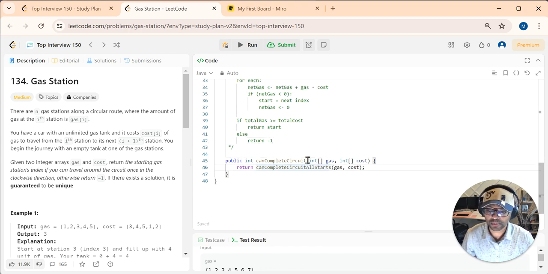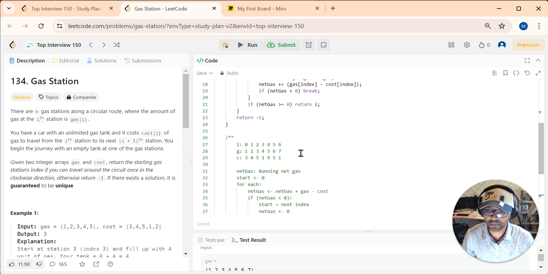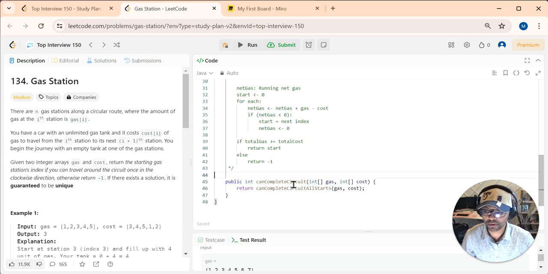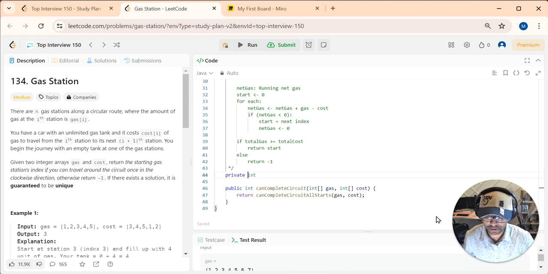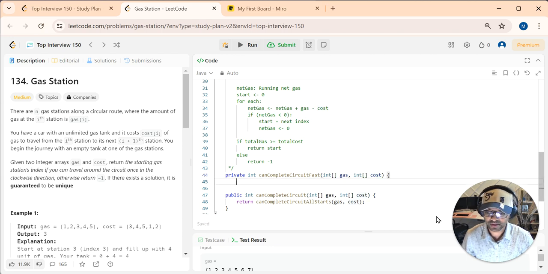I actually still somehow feel like we are missing something, but maybe not. Okay, so let's see, private int, and let me just copy paste the signature here and call it fast, like we sometimes do in such cases.